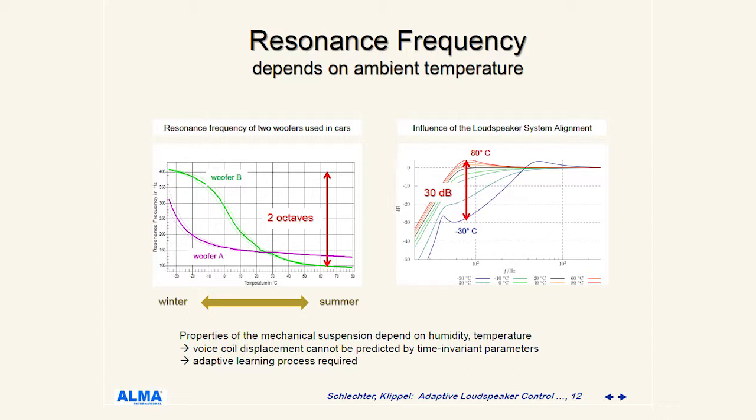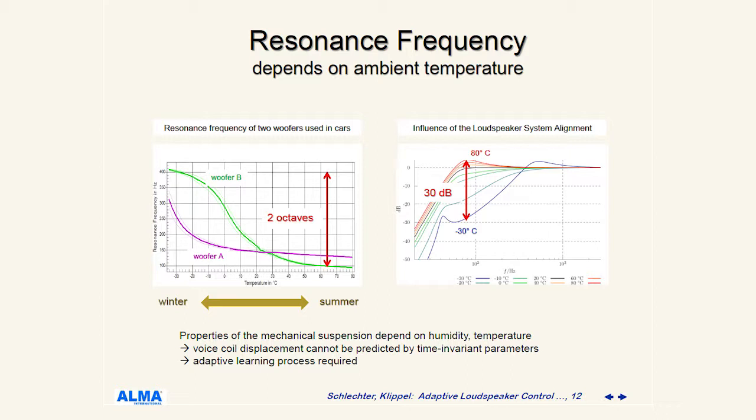And you see the resonance frequency might change by 2 octaves, factor 4 in resonance frequency, meaning factor 16 in stiffness. That's a lot. Even from ambient 20 to 40 degrees, it's a huge difference. You cannot apply the same alignment function and assume that your total system looks the same.